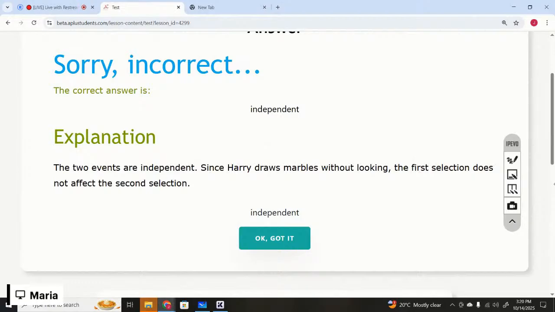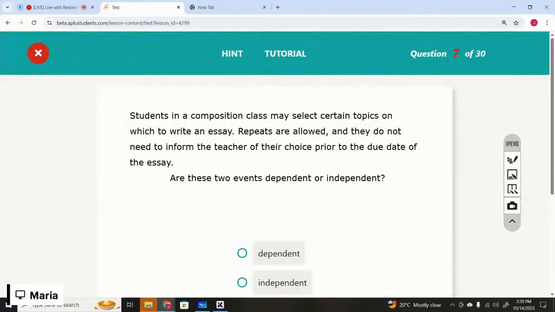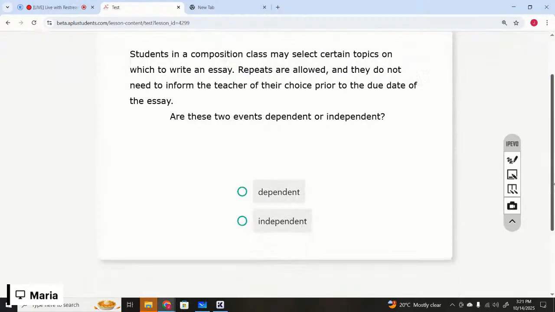Okay, got it. Students in a composition class may select certain topics on which to write an essay. Repeats are allowed and they do not need to inform the teacher of their choice prior to the due date of the essay. Are these two? So repeats are allowed.